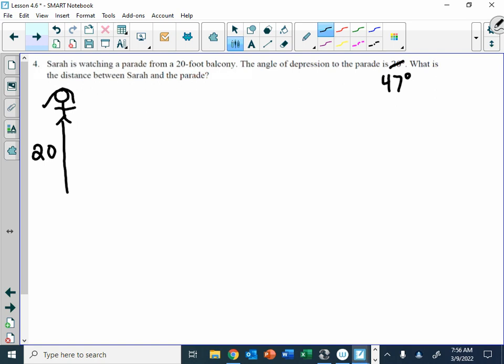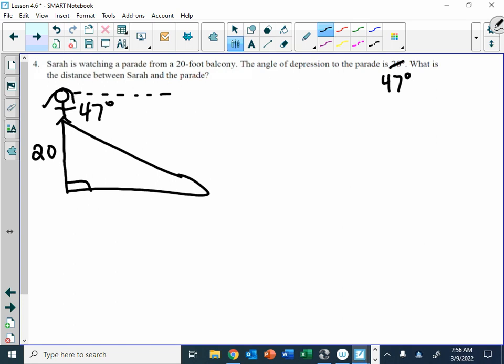The angle of depression would be here. So here's the right triangle. The angle of depression is here, so that is 47 degrees. Remember, it's below the line of sight. Initially it may not fit into your triangle, but remember we can fit it in.